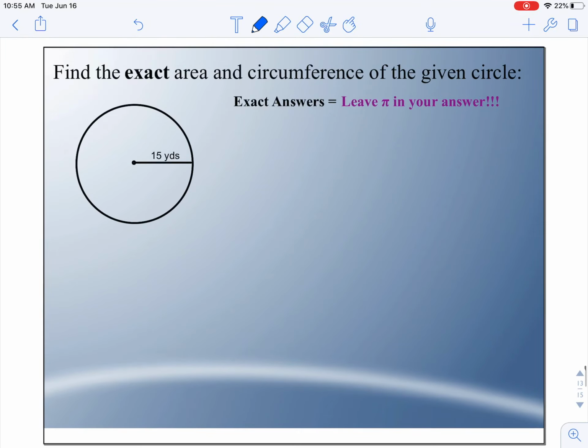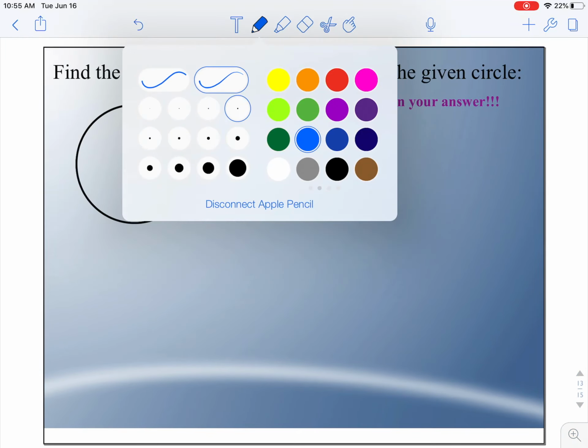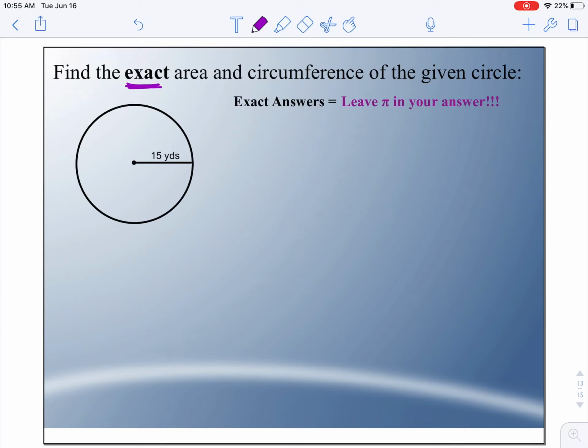So let's go on to talking about what we do if it says to find the exact. When it says to find the exact, we leave pi in our answer. We don't multiply it by pi. We do everything else but that. So if we are finding the exact area and circumference of the circle, this is how it's different. The area is pi times our radius squared.